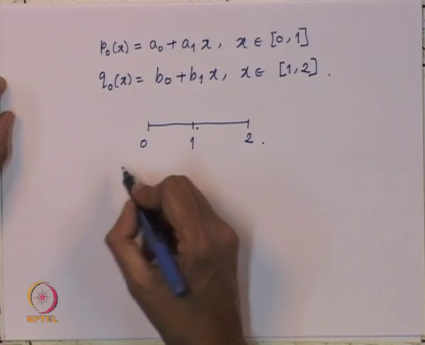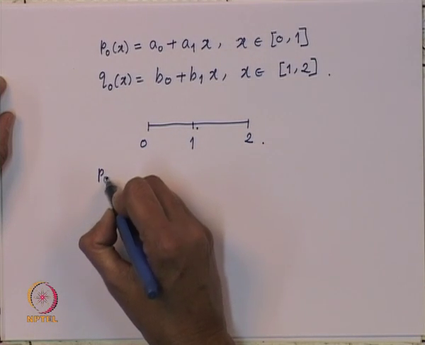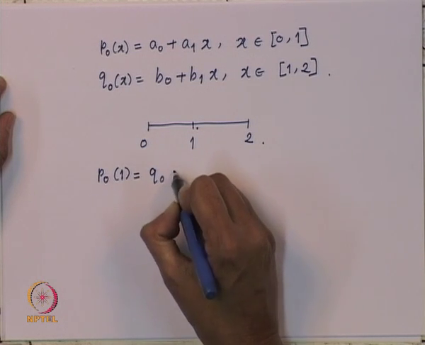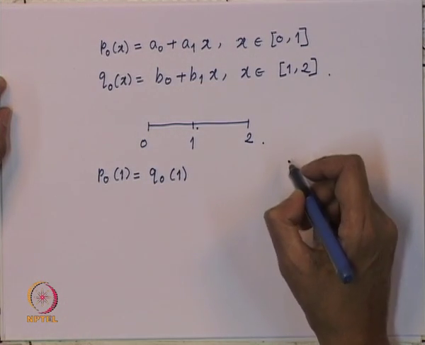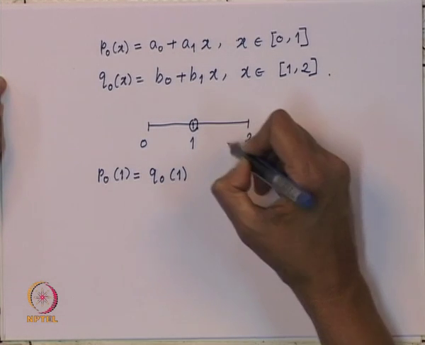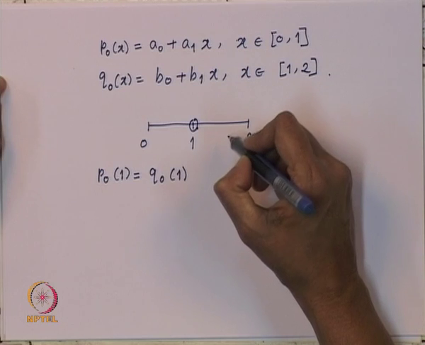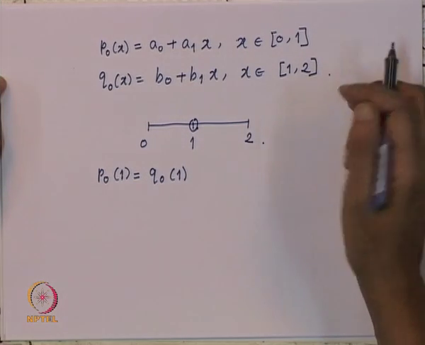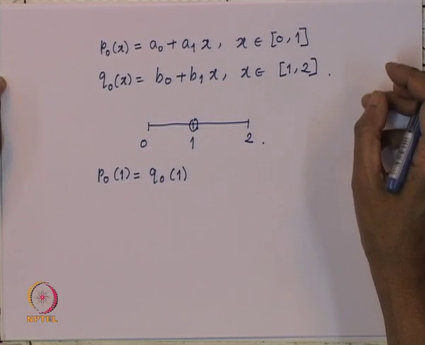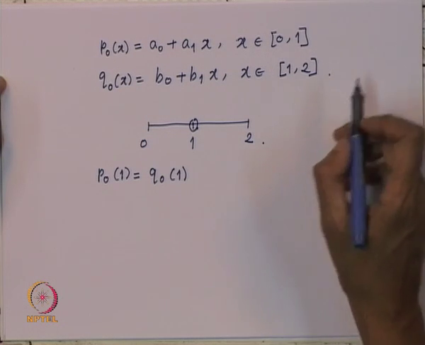Suppose we impose continuity, that means we want p0 at 1 should be equal to q0 at 1. The problem of continuity comes only at the partition points. Otherwise, in the interval 0 to 1, p0 being a polynomial, it is infinitely many times differentiable.